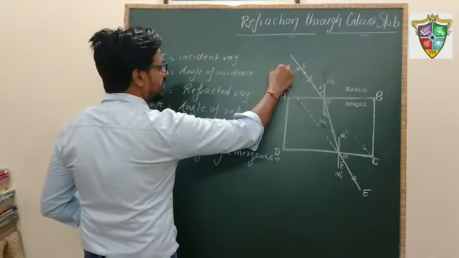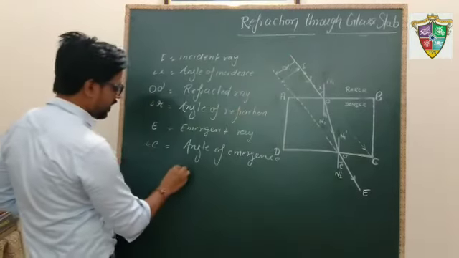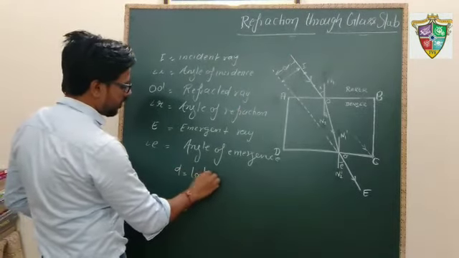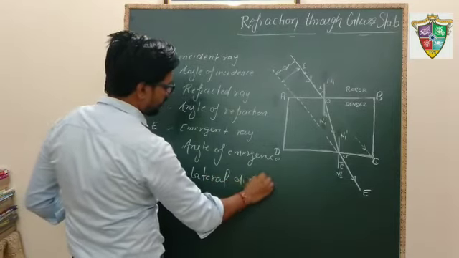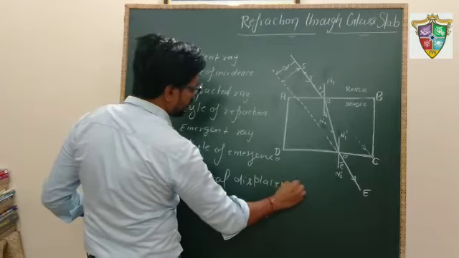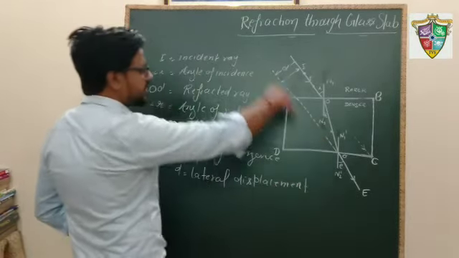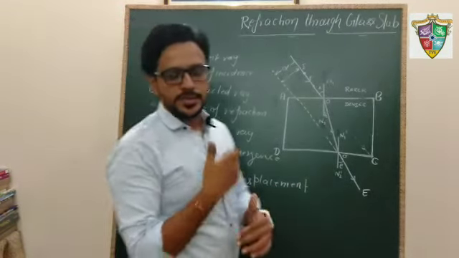Say this is D. D is the lateral displacement of the incident ray. And the emergent ray goes parallel to the incident ray.